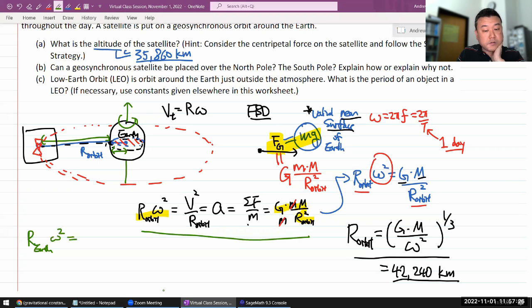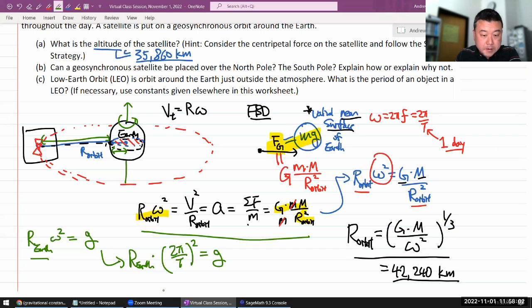omega squared is equal to the right hand side, force divided by m, which will be g. I still need to know r Earth. Let me write out what omega squared is so that I can get an algebraic expression for the period. r Earth times (2 pi over T) squared is equal to g.